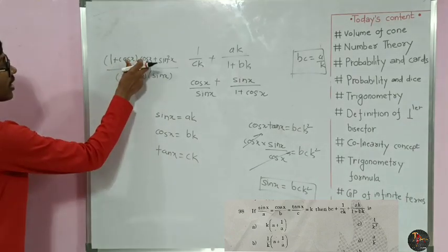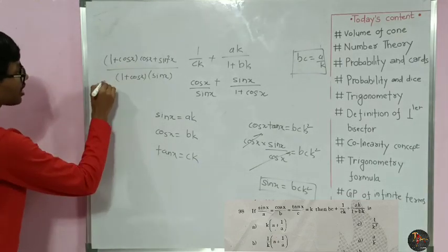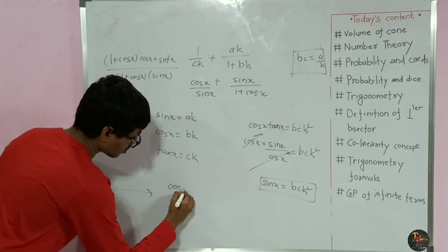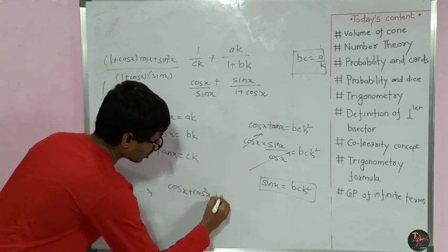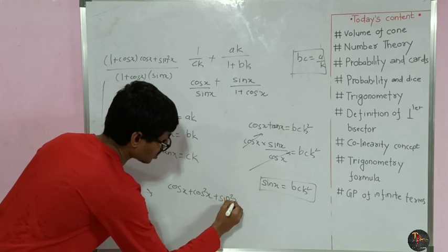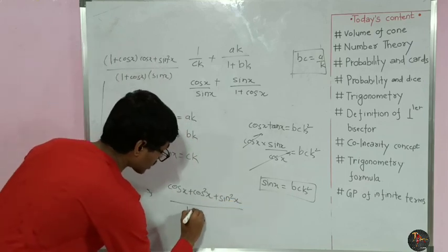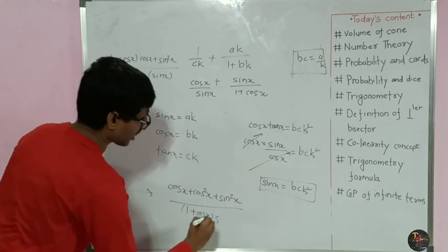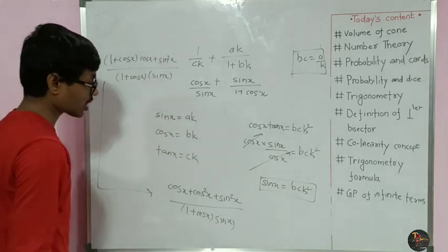Now if I multiply these two terms by this cos x, then I will get cos x plus cos square x plus sin square x divided by 1 plus cos x into sin x.